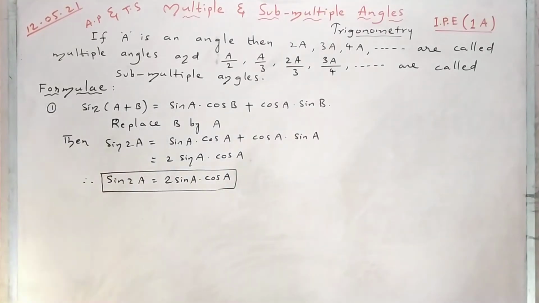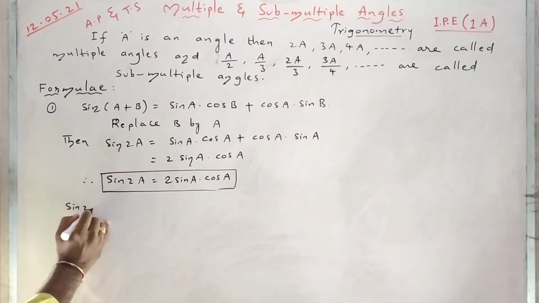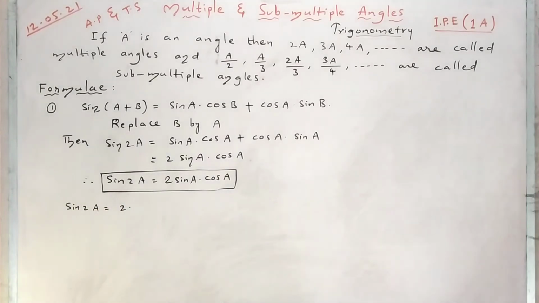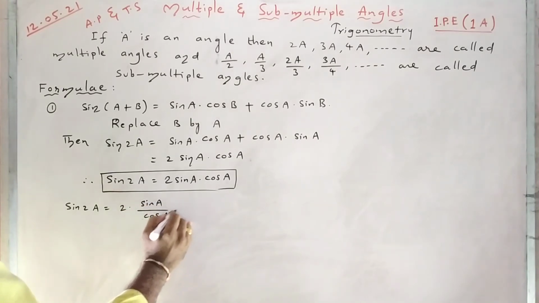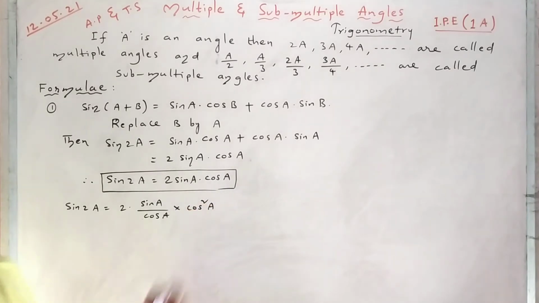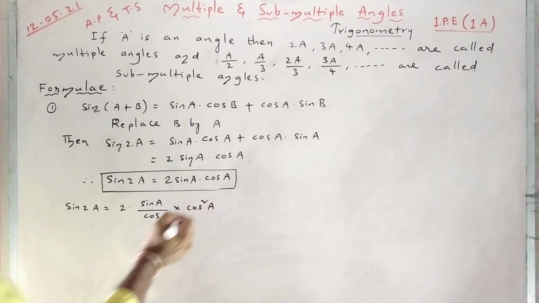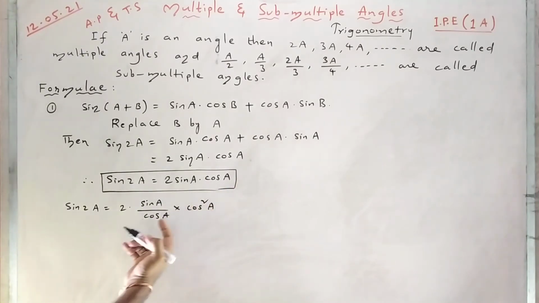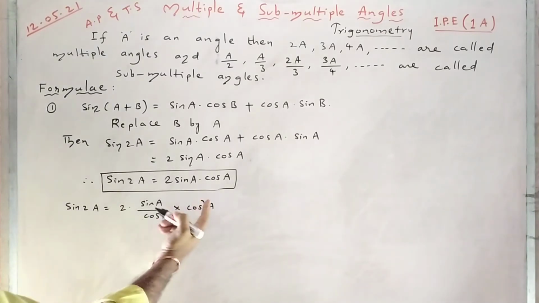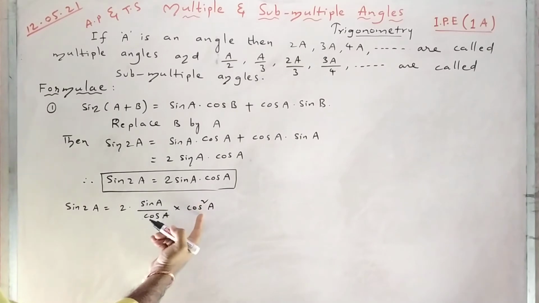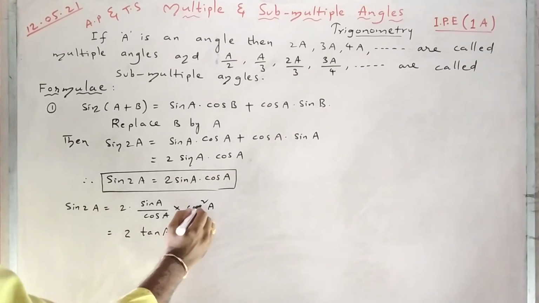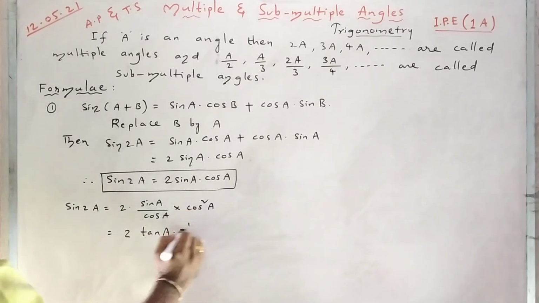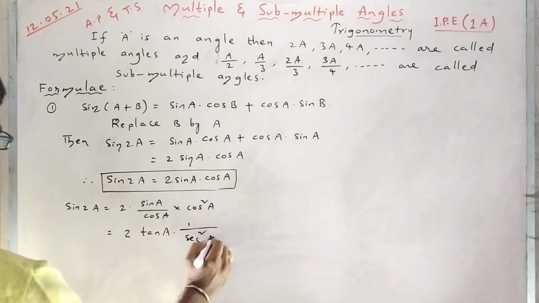Now from here, sin 2A is equal to 2 times sin A by cos A into cos square A. Here I am multiplying and dividing with cos A. Sin A by cos A, we know, is tan A. Cos square A, can I write as 1 by secant square A, right?